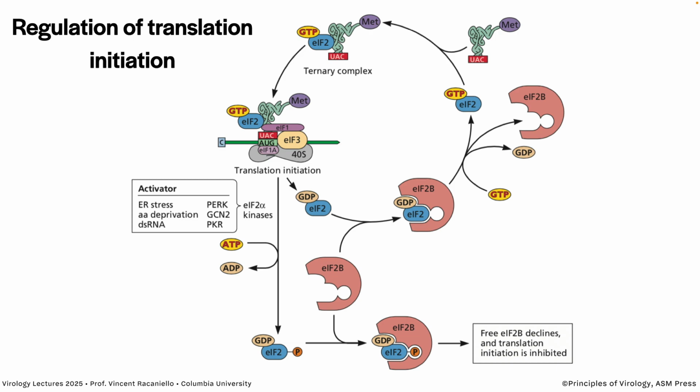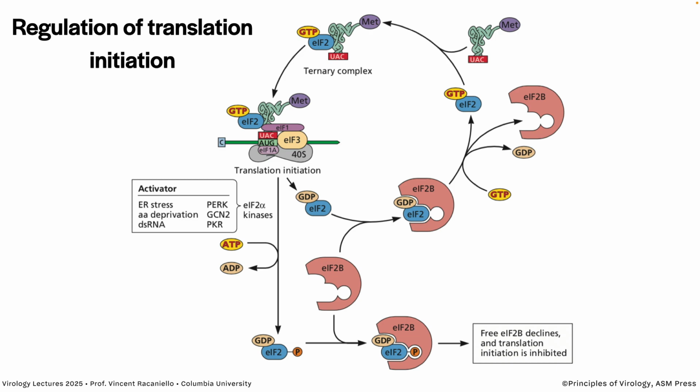And then, in the presence of double-stranded RNA, another kinase, PKR, leads to phosphorylation of EIF2 alpha. These are all conditions where you have to shut off translation. Misfolded proteins, if something's wrong, you have to stop translation until you figure out what's wrong. If there's no amino acids, you've got to stop translation.